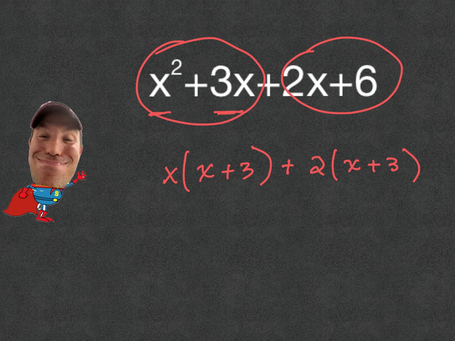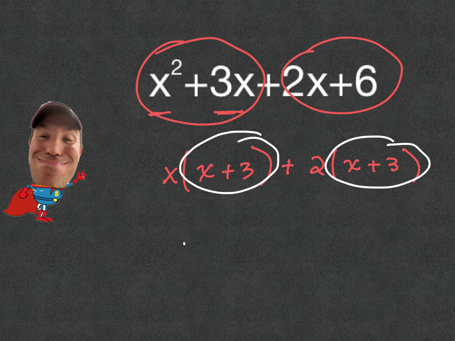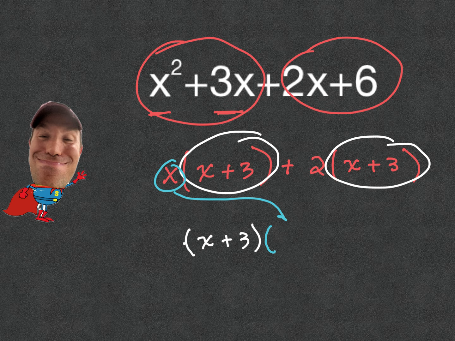Now, when we take a look at these, what do they have in common? There's an x plus 3 here and an x plus 3 here. So I'm going to write x plus 3, parentheses, the same factor. Now, what is left here? Okay, I'm going to make parentheses and put what is left there.